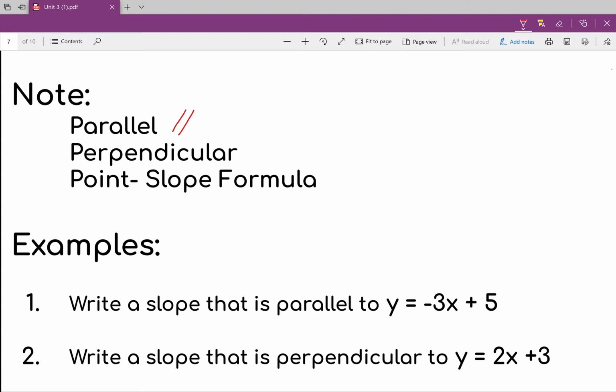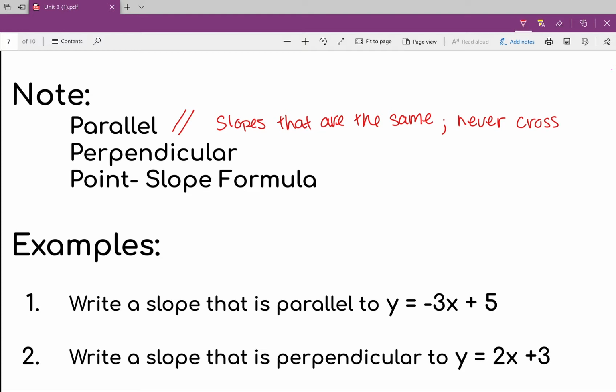So parallel means slopes that are the same. Parallel lines also never cross. So I want you to keep that in mind too. They never cross, so they don't share any point in common. So parallel lines are slopes that are the same.